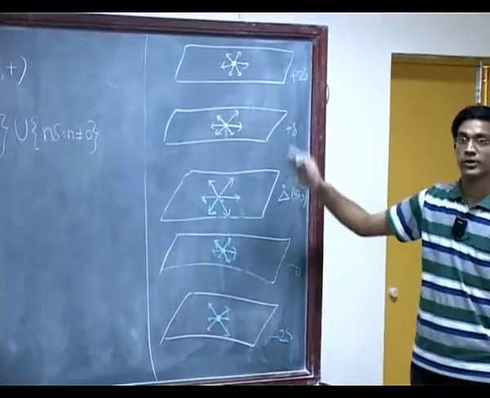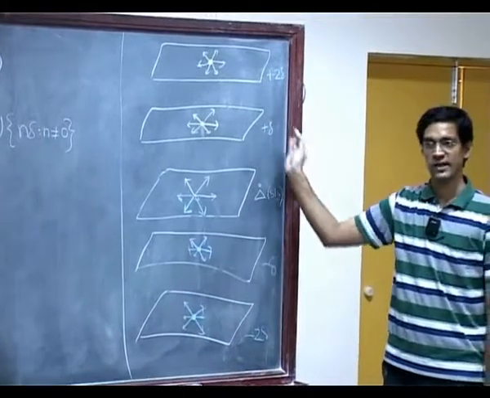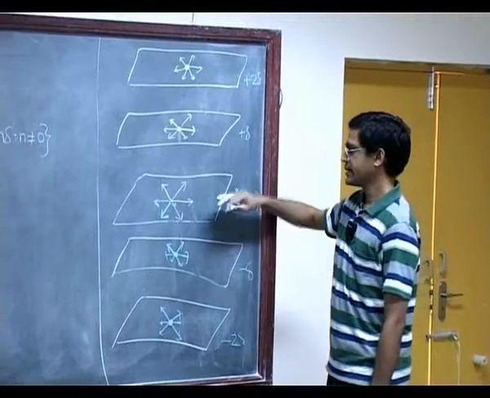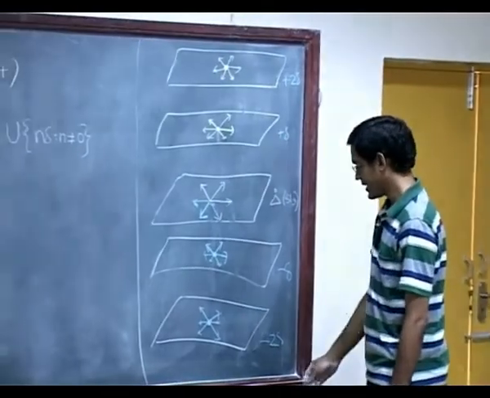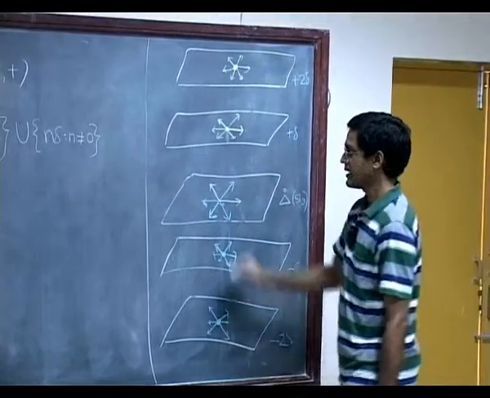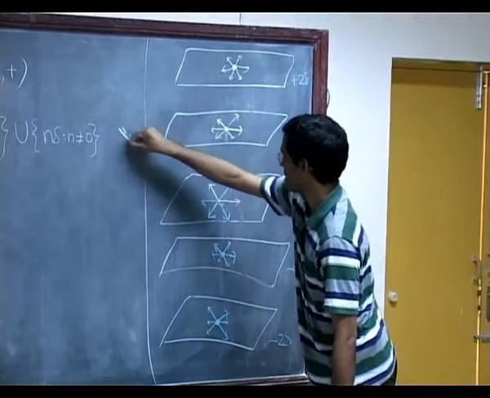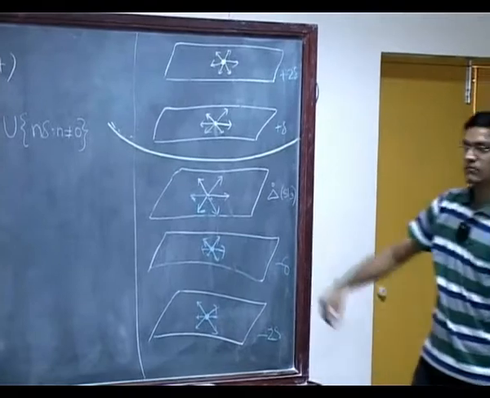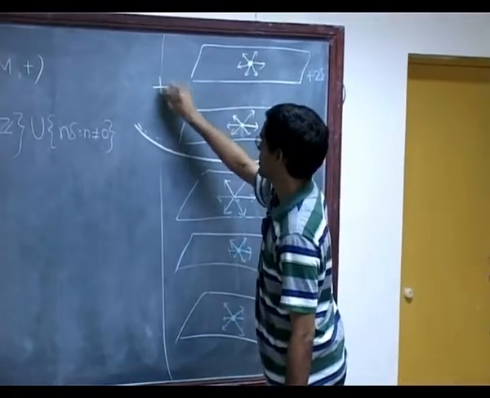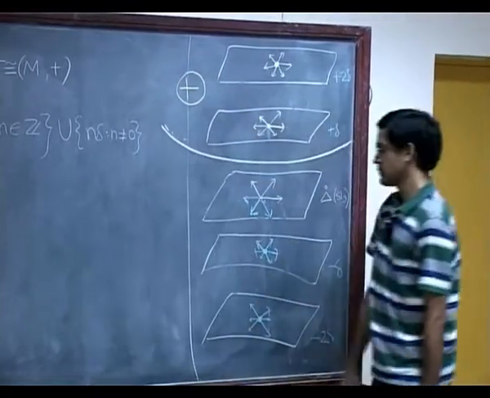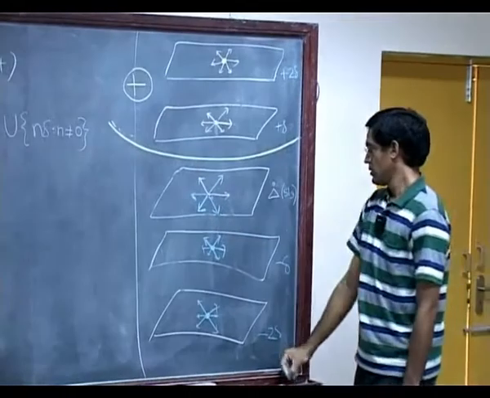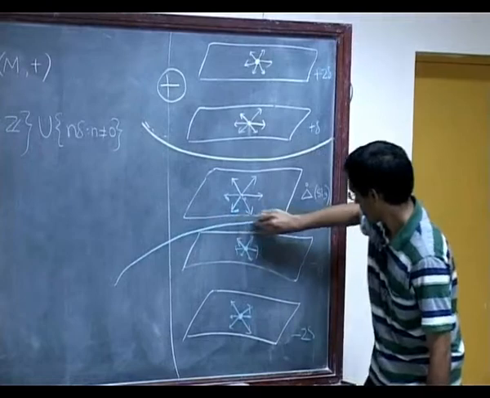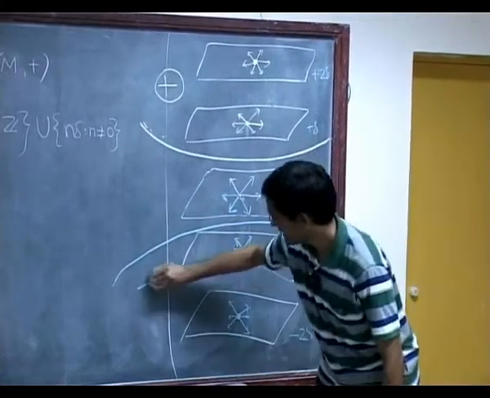So now the question is, how do you split them into positives and negatives? Well, here is the most commonsensical thing. The most obvious choice is that everything that corresponds to delta, 2 delta, 3 delta, and so on will be deemed positive. All these planes above are positive roots. Everything minus delta, minus 2 delta, and so on are called negative roots.